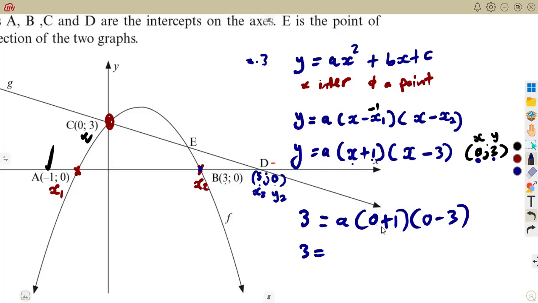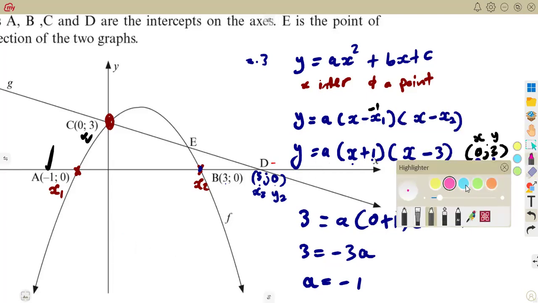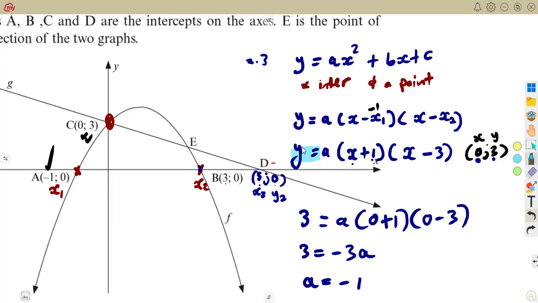That was going to give us a negative 3. So like I said, this is a times negative 3. That's negative 3a. So divide by negative 3 both sides. A was going to give us a negative 1 if we divide by negative 3. So we have the a. We can substitute back to the equation that we had. Remember where we were being limited at this condition.